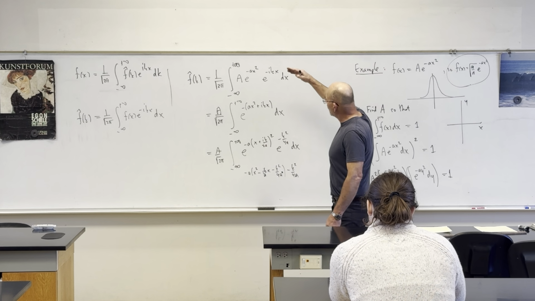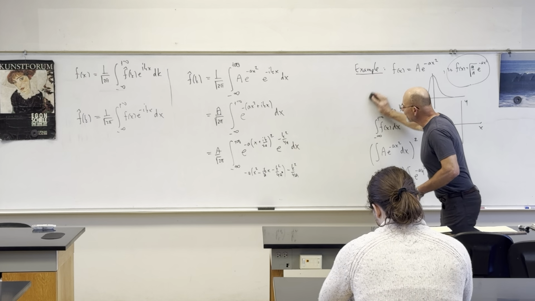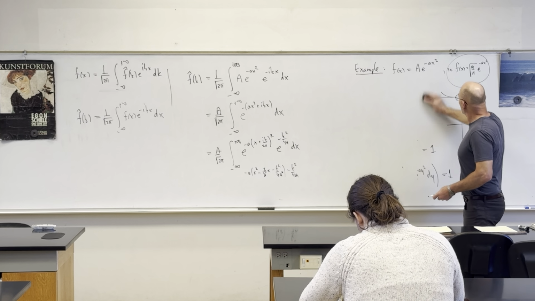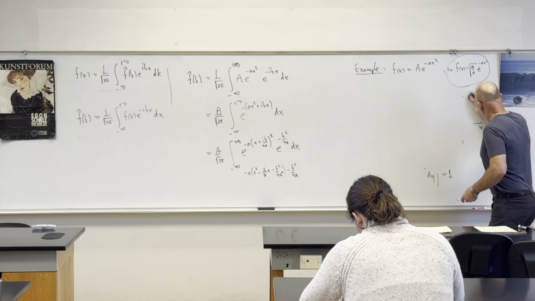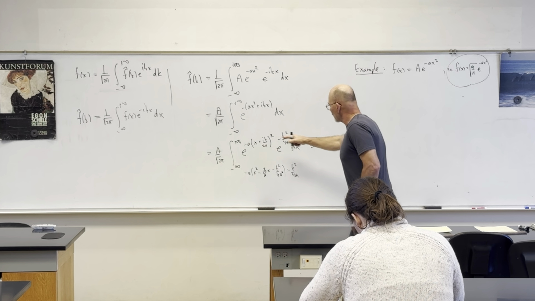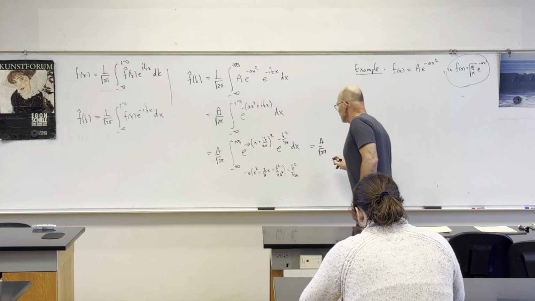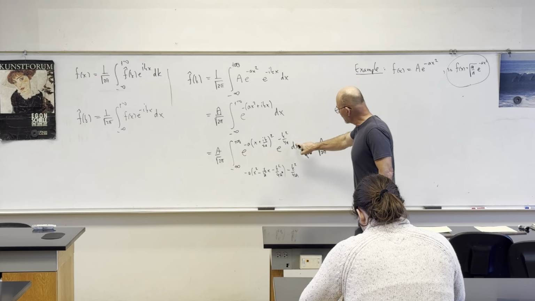Yeah, this is just formal. And here's where it gets interesting. So we go ahead and erase this. So we'll go ahead and have the a over root 2 pi. And this, we're no longer integrating over.